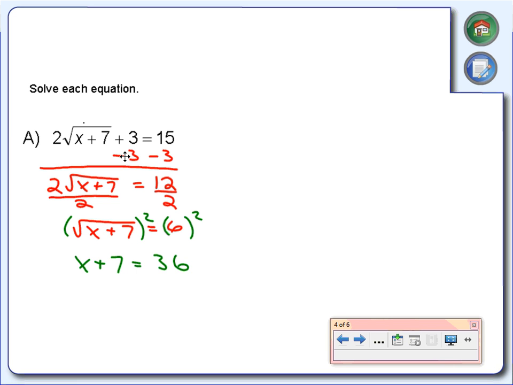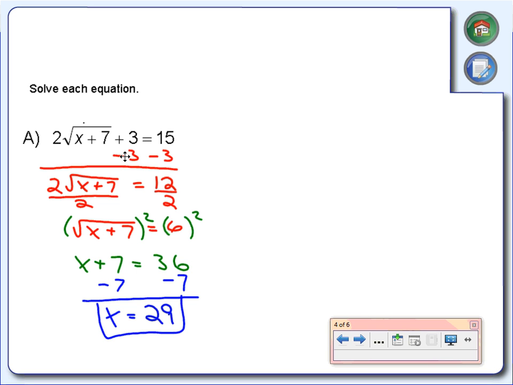So notice there's no more square root in the problem. Now it's just like any other equation. So now I can finish it up by subtracting 7. And 36 minus 7 is a, what? 29. So the solution here is 29.